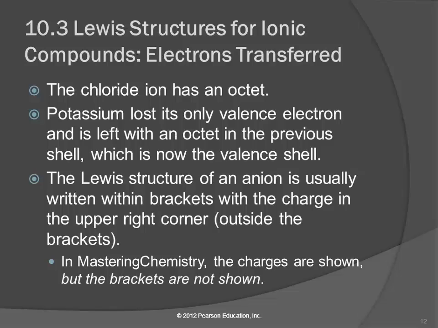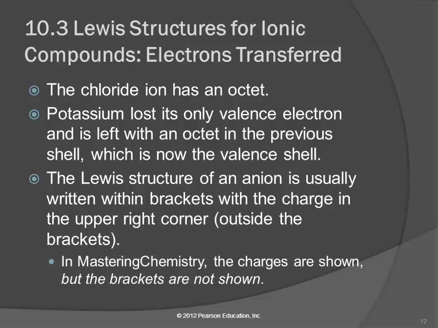So in that drawing we did, the chloride ion has an octet. The potassium ion looks like it doesn't have anything, right? It lost its only valence electron, but it still has all of those core electrons. When you lose all the valence electrons, then the highest level of the core electrons becomes the new valence electrons.